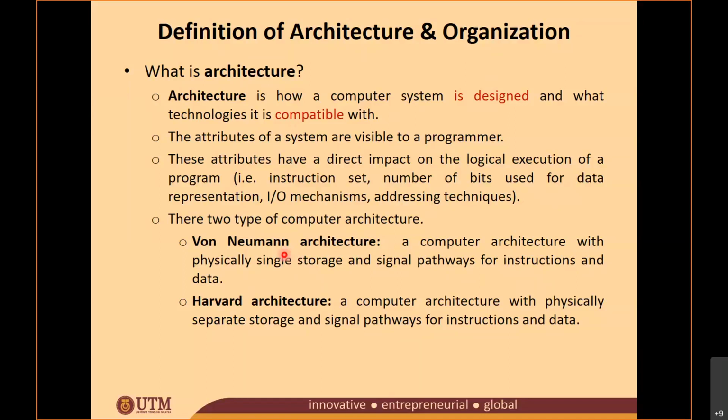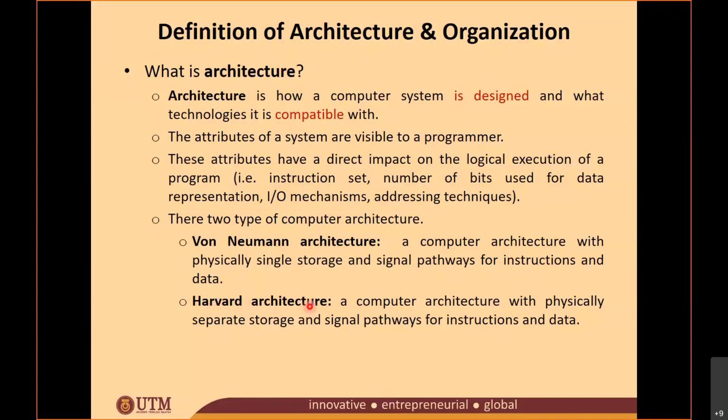Okay, for the von Neumann architecture ada satu je single storage, and a single pathway for instruction and data. So kat situlah tempat dia nak simpan program, and kat situlah juga dia nak simpan data. Dia pakai one signal pathway, dia hanya pakai satu je bus.